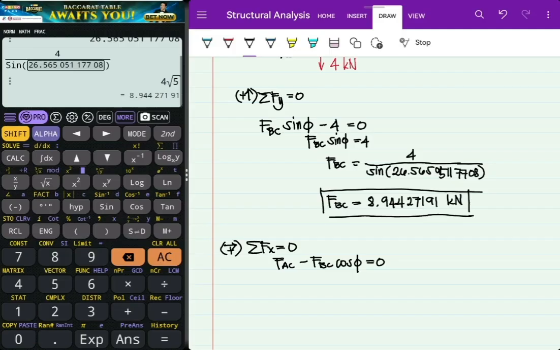Transfer FBC, so FAC is equal to FBC cosine phi.